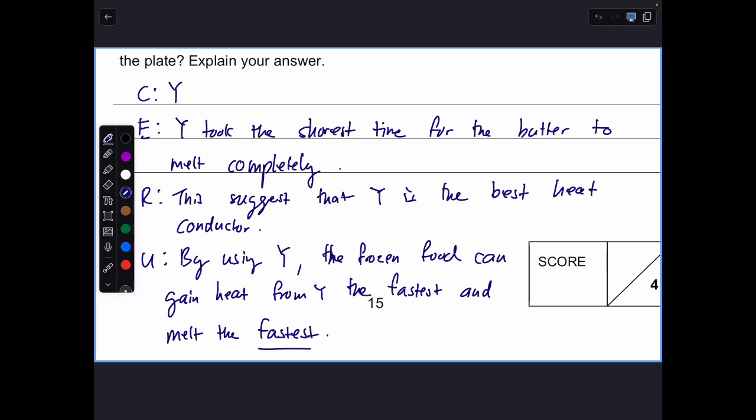The keyword here is fastest, not faster, is the fastest. And I'm looking for gain heat from where to where, which I have been saying 10 billion times. But yet many of you have made this very serious, grievous, common error. So there is really nothing very special. I am following my own advice that I give myself to answer all the questions.